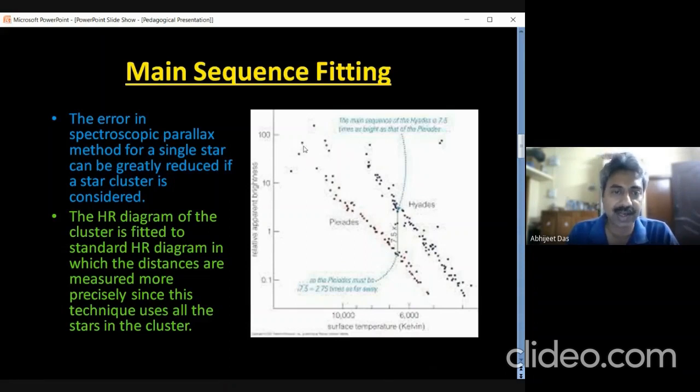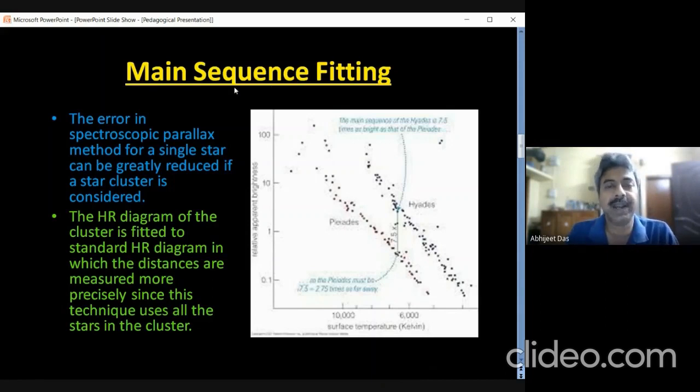This HR diagram is compared with the standard HR diagram, and it will be shifted from it. From the shift, we can measure the distance of the cluster from us, because the shift will be a measure of the difference of luminosity in the luminosity distance relation.